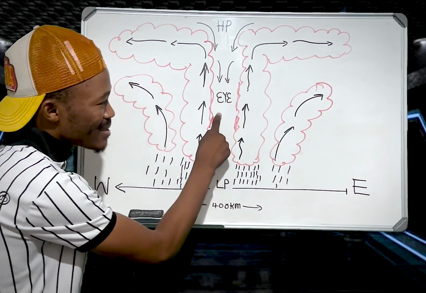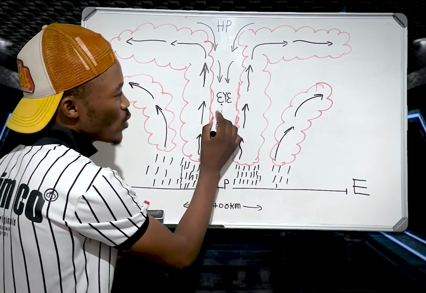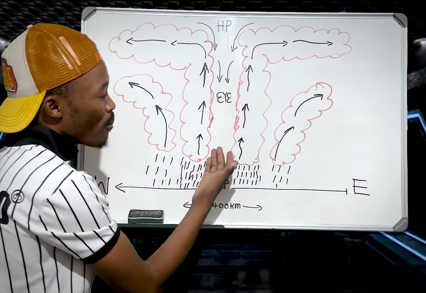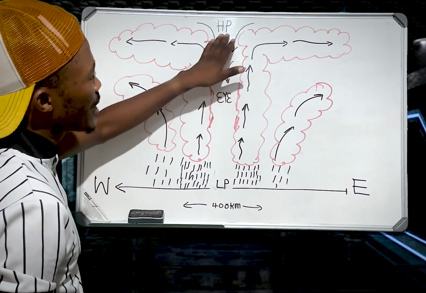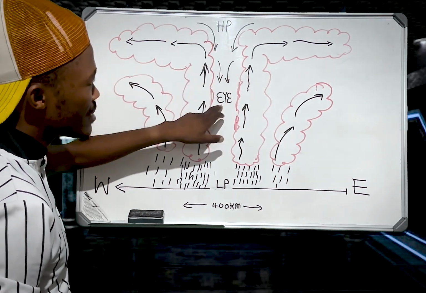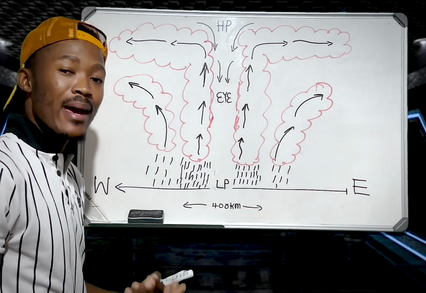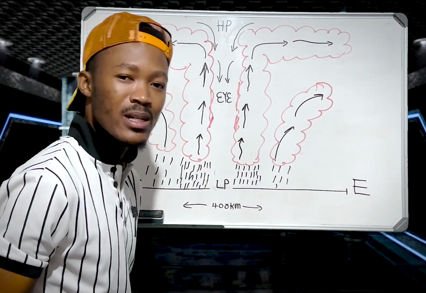But right at the center of the tropical cyclone, at a region that we refer to as the eye, here we do not have any warm air that is rising, but rather we have a high pressure zone above this area whereby we start to have sinking air. Now, sinking air opposes condensation.